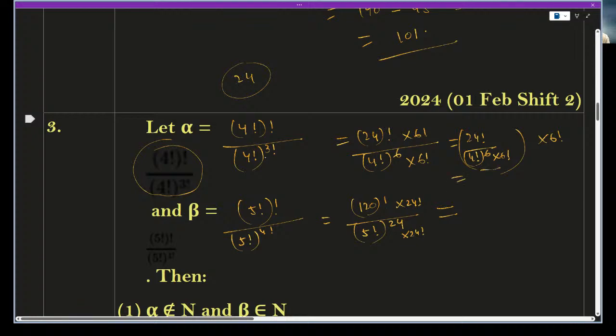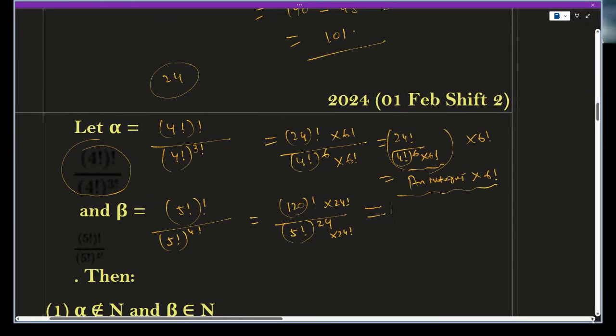This is an integer. The number of ways has to be an integer. This multiplied by 6 factorial is also an integer. Product of two integers is also an integer.